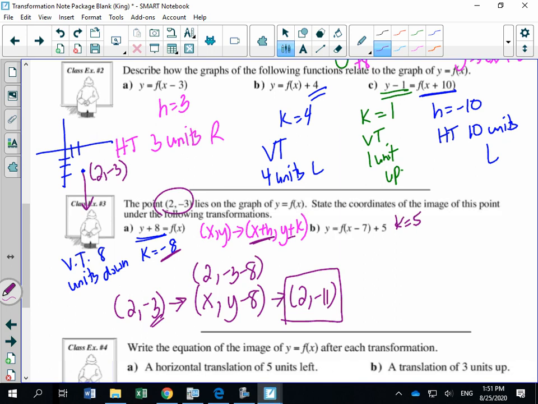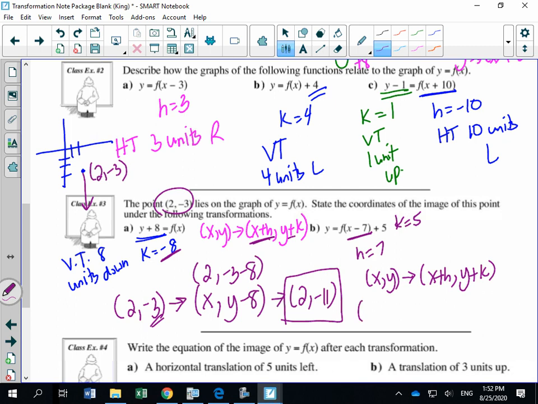And we know that if k is equal to 5, that's our vertical translation 5 units up, right? Here's our h value. H is equal to 7. That's a horizontal translation, 7 units left. So you take your point, and it's going to be translated to x plus h, y plus k.